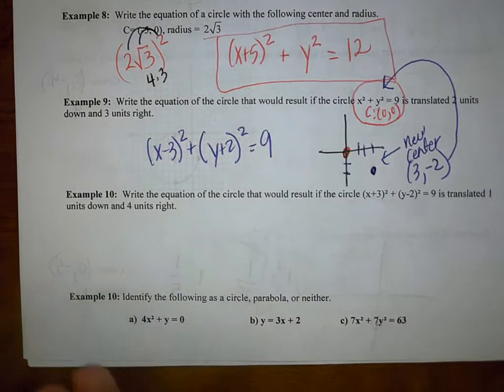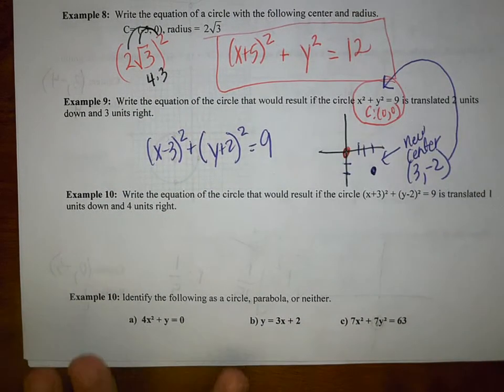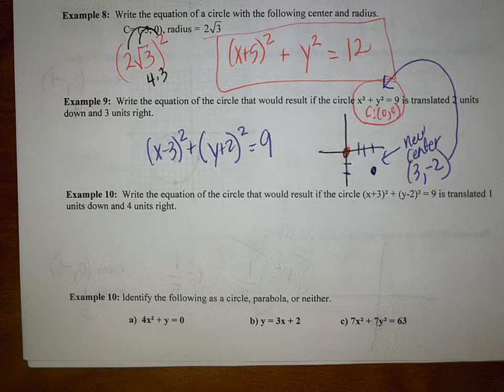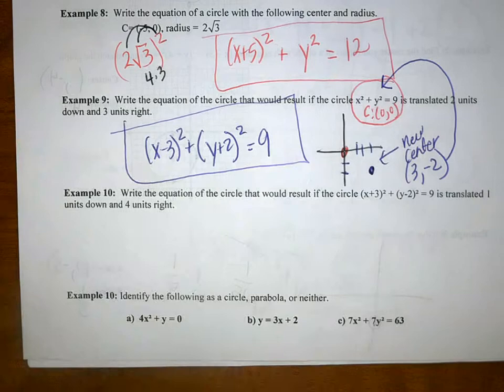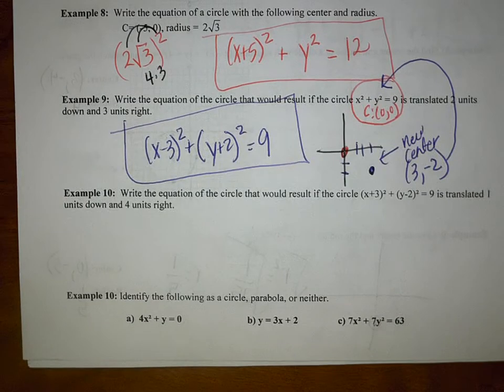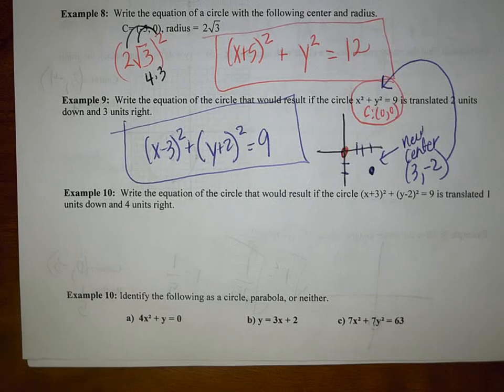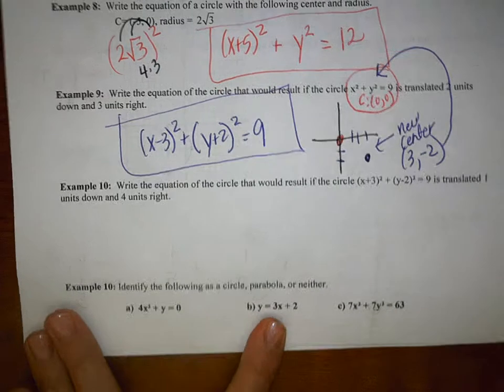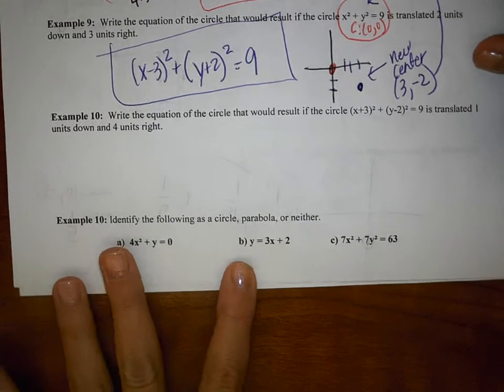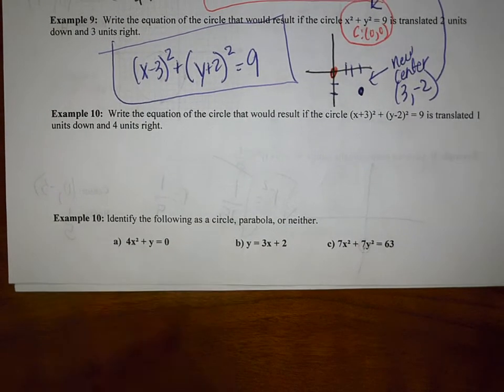Good. Because you're still going to have that same value. It's just shifting it. Okay? So that's my answer. Do you guys want to ask me some questions about that? Okay. Example 10. I'm going to give you a minute to try it on your own. When you get the answer, raise your hand. I'll come check it.